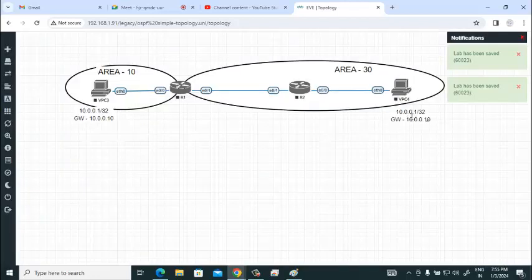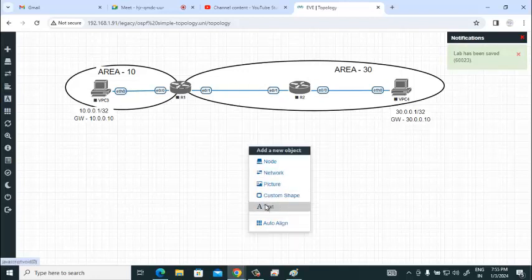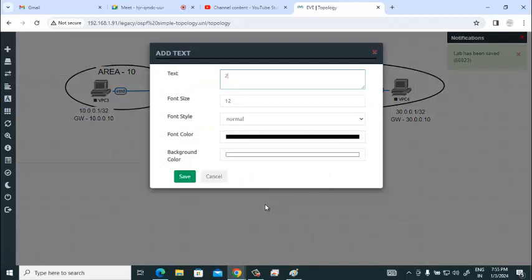Now in the middle between these two routers, I'm going to have 20.0.0.X, where X is the router number. You got the plan, right? So let's go on, configure this and see.